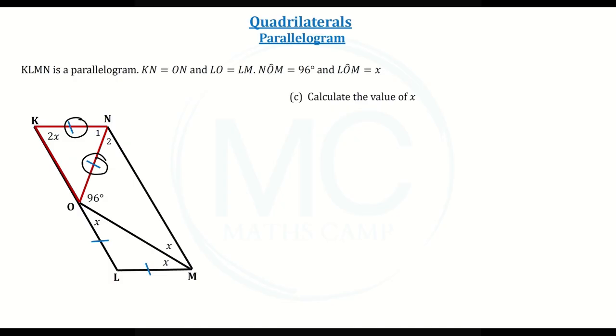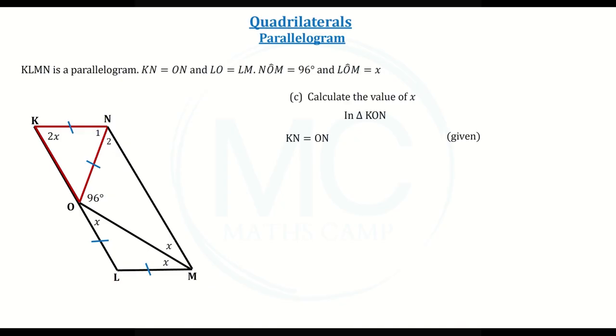So we can say in triangle KON, KN is equal to ON. We know this is true because this information has been given to us. In an isosceles triangle, the angles opposite equal sides are also equal.